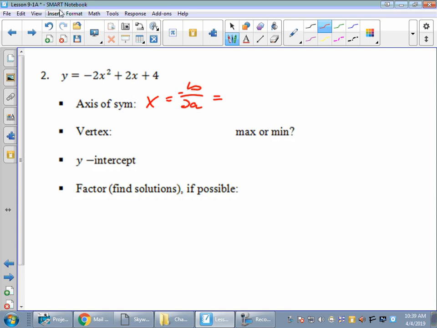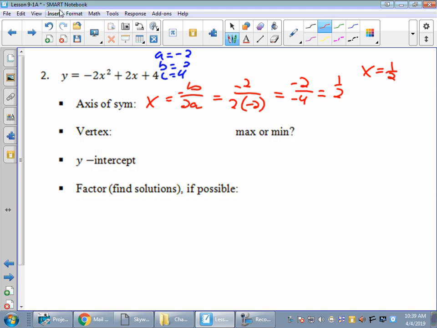I like to write them down just so I know what they are. a is negative 2, b is positive 2, c is 4. So our negative b over 2a is going to be the opposite of b, negative 2, over 2 times a, so 2 times a negative 2. I'm really utilizing parentheses here to help us out. So now I'm going to have negative 2 over negative 4, which reduces to a positive 1/2.